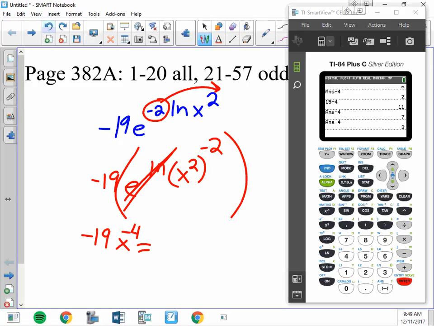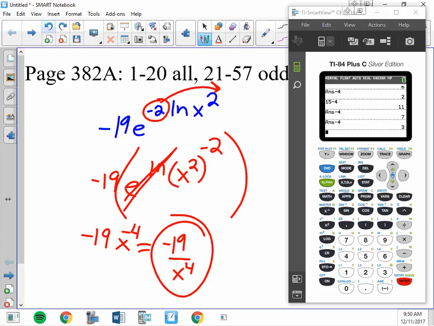And that's not really how it works, but that's the end result. So we're kind of skipping a bunch of steps, but basically it cancels and drops down. Although that's not a correct math explanation. That's just the result we have. And what is x to the negative 4? 1 over x to the 4th. So we get negative 19 over x to the 4th. That would be the answer to number 20.